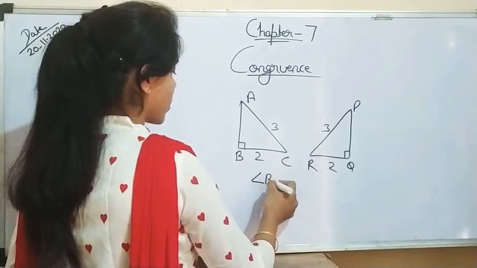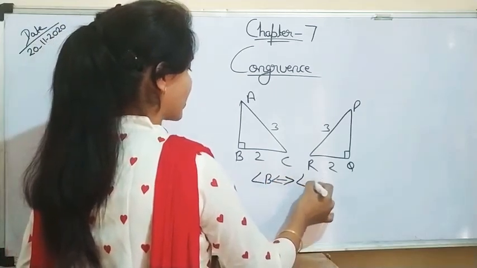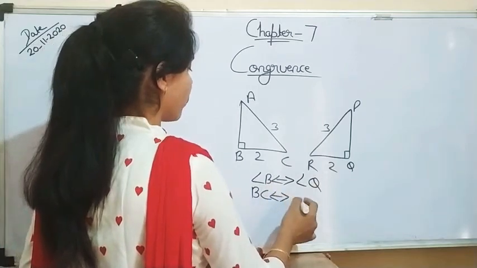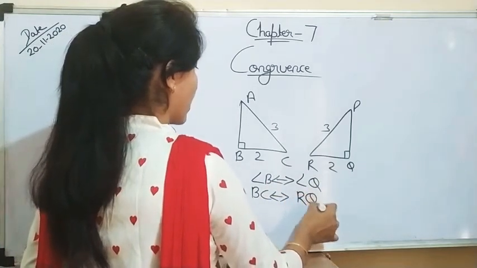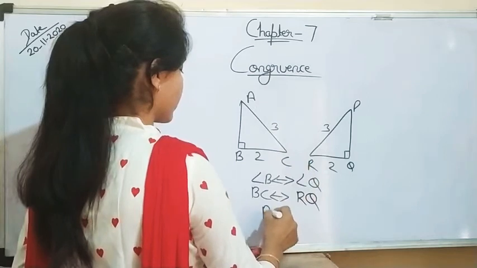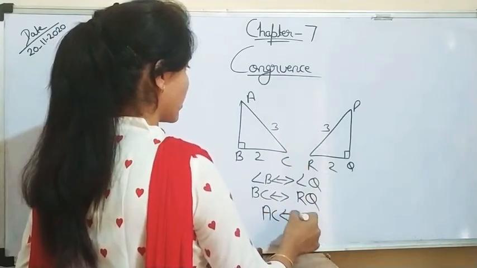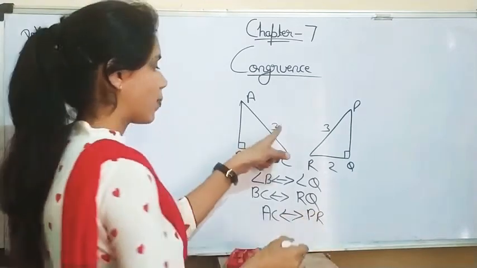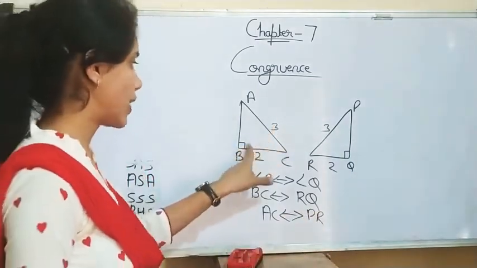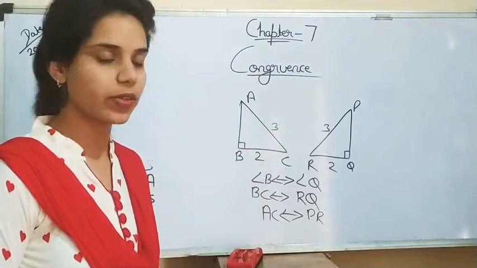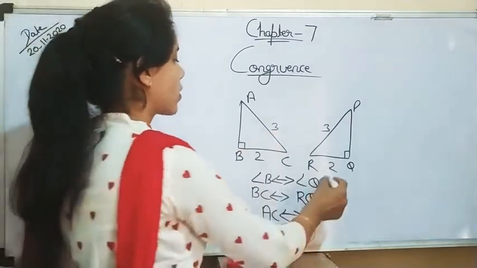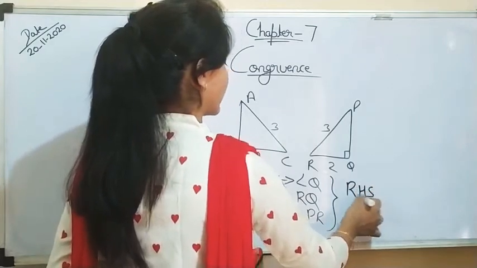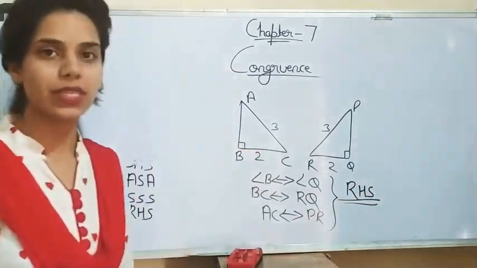So, angle B corresponds to angle Q. BC corresponds to RQ. And this AC corresponds to PR, because this is the hypotenuse. The side opposite to the 90-degree angle is known as the hypotenuse. So these are congruent by the RHS criterion, right angle, hypotenuse, side criterion.